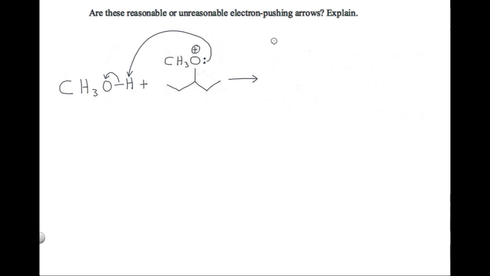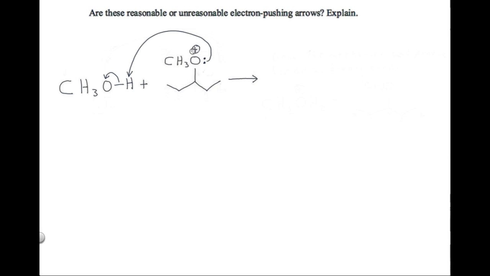Now we'll discuss, what is our most important tool for checking if the electron pushing arrows are reasonable? The most important tool for checking the electron pushing arrows is the formal charges. So let's focus on this oxygen with the positive formal charge. Is it reasonable to put a positive formal charge at the beginning of the series of arrows?